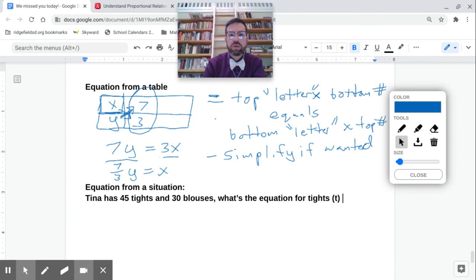T for tights, B for blouses. So again, we're going to do the same thing.